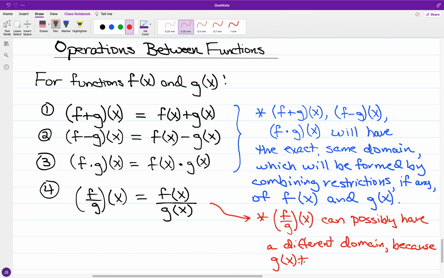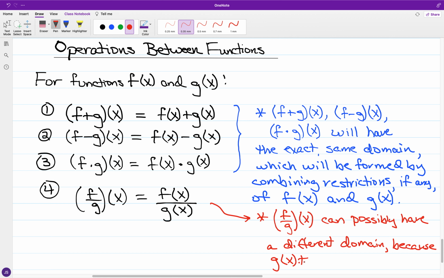The sum, difference, and product functions will have the same domain, and for the quotient function, because of the way it is set up with g of x on the bottom as a fraction, and the only fraction that we have among these four operations, we have restricted that g of x cannot be 0, whereas it could be with the other three operations.